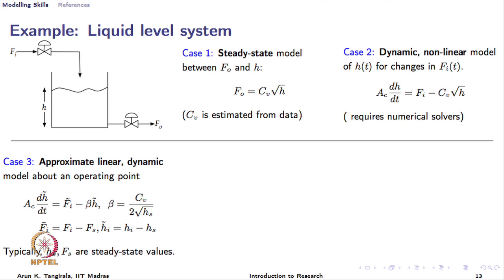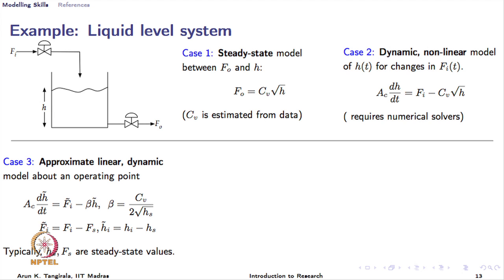So, what we do is we approximate the nonlinearity. The source of the nonlinearity in the ODE in case 2 is a square root. So, we can approximate that with a linear one using Taylor series expansion. So, what we have done is we have taken the first order approximation of the square root, and typically approximations are within the vicinity of an operating condition, a nominal point, and therefore we rewrite this ODE as a linear approximate model.